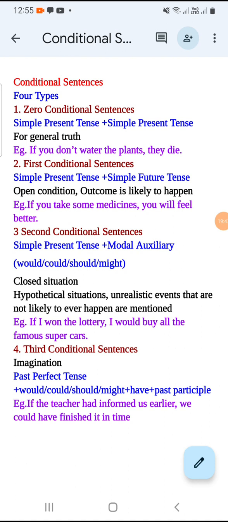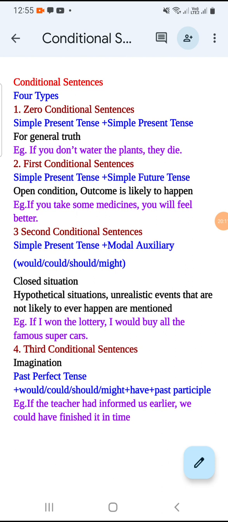So you must have noticed that this is different, because in this sentence past tense is used, right? And the structure of the second conditional sentence is... here actually a mistake is made.